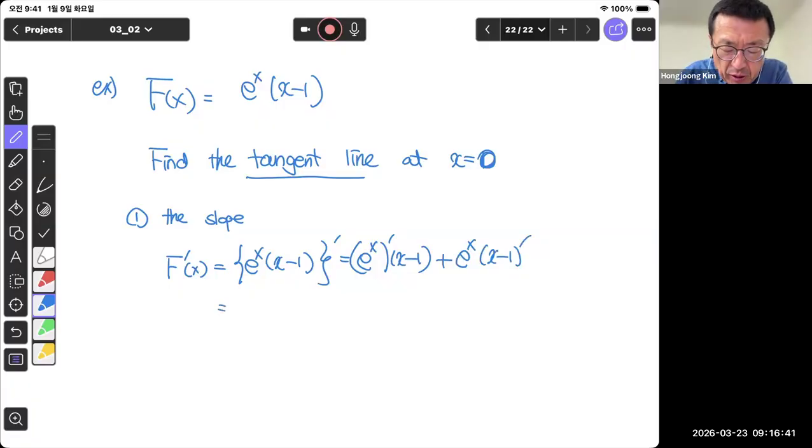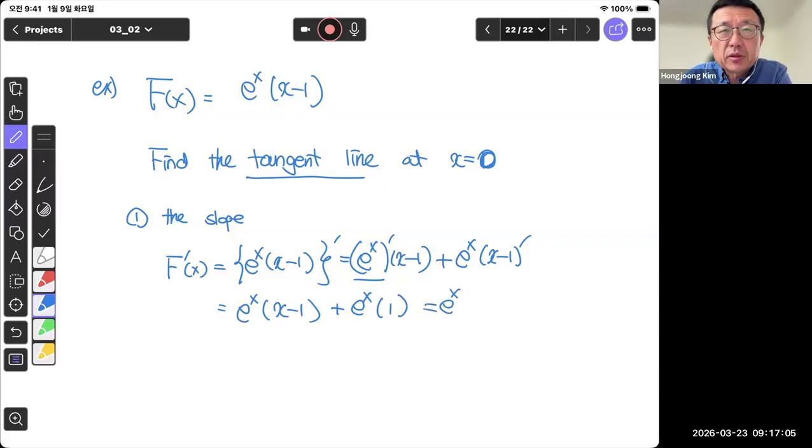So you get e to the x multiplied by x minus 1, plus e to the x times the derivative of x minus 1. When you differentiate x, you get 1. If you differentiate negative 1, you get 0. So e to the x is common. If I combine these two terms, we have x minus 1 plus 1, so that will give you x times e to the x.